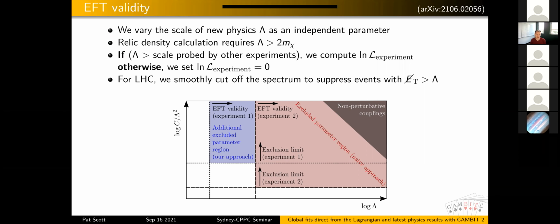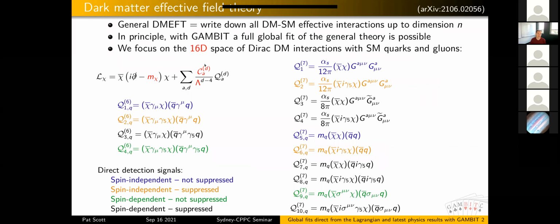So there's a degeneracy in most of the observables as you rescale lambda and the Wilson coefficients, right? I mean, you can see that here.